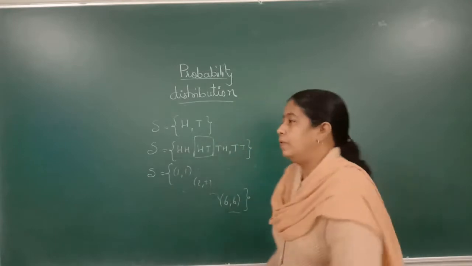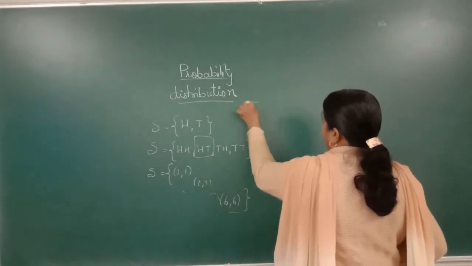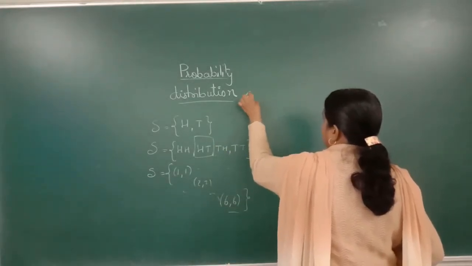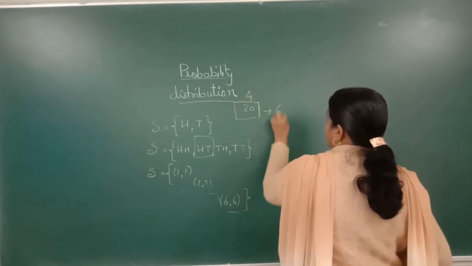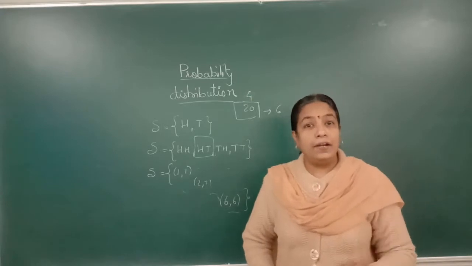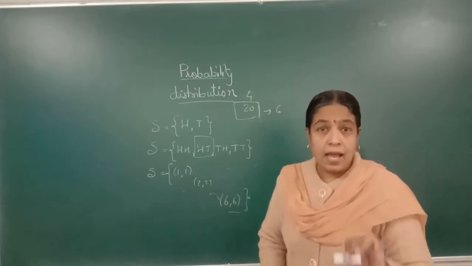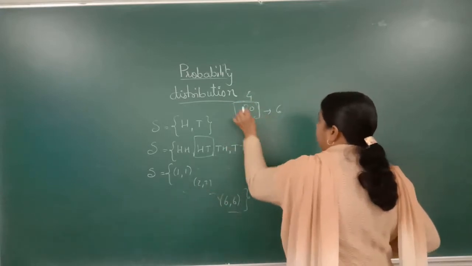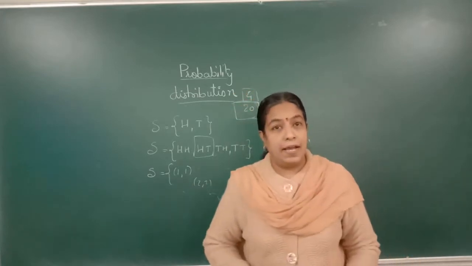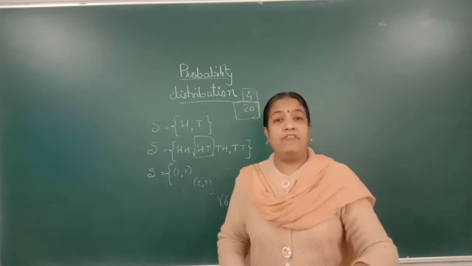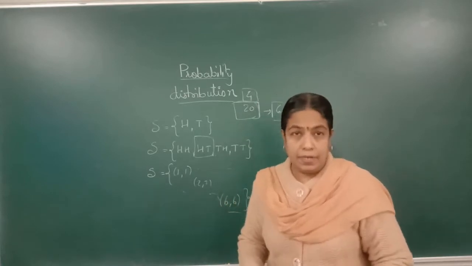Now 20 is the total. Out of that you have selected 4 items. Out of the 20, 6 are defective. So your interest is, out of the 4 items you selected, how many came from the defective ones? It could be that all four you selected are defective, isn't it?